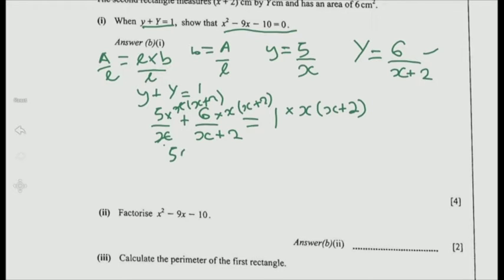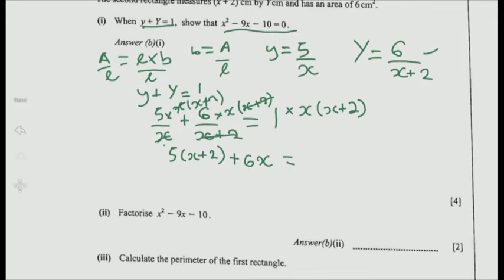You remain with 5 into x plus 2 plus, cancelling there, you remain with 6x equal to this side.